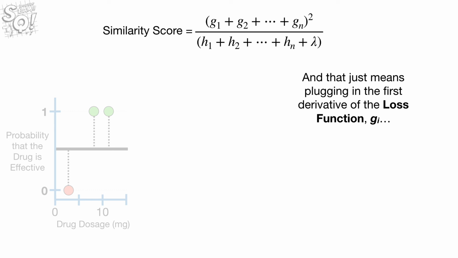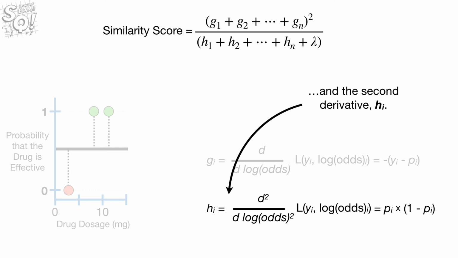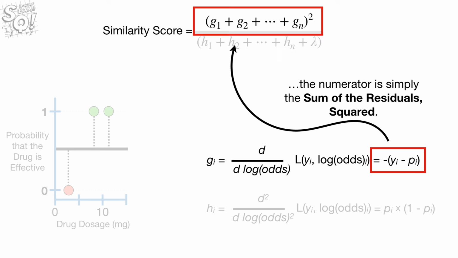Now we need to derive the similarity score for classification. And that just means plugging in the first derivative for the loss function, g sub i, and the second derivative, h sub i. Again, since g sub i is the negative residual, the numerator is simply the sum of the residuals squared.